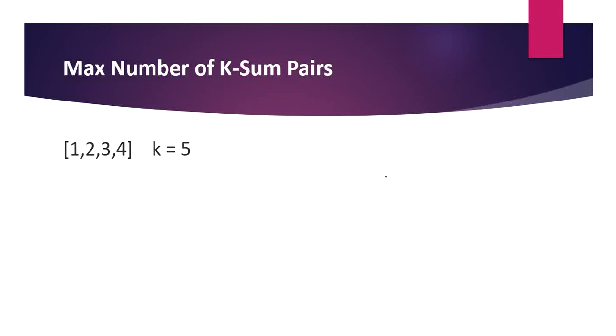So the steps are pretty simple. Before that, we sort the array, assign the pointers and iterate. These pointers move when they take the elements away.